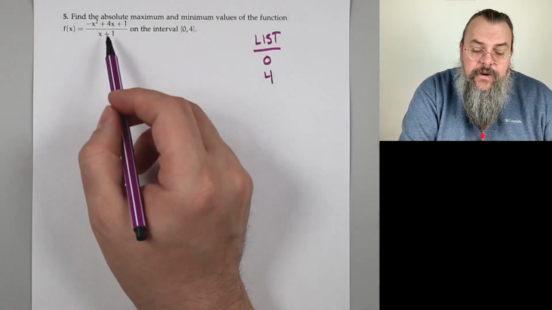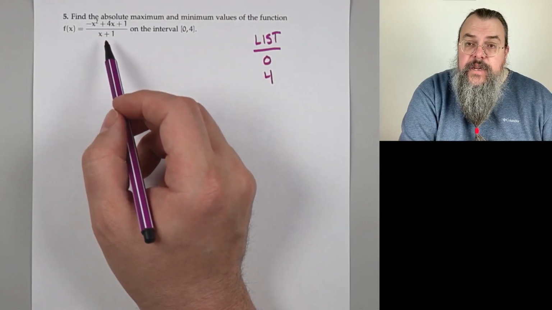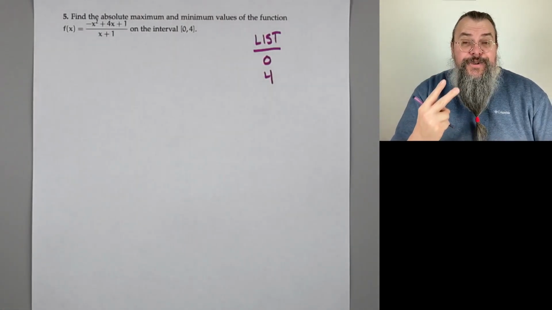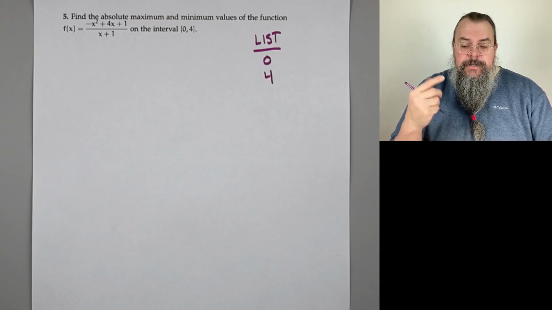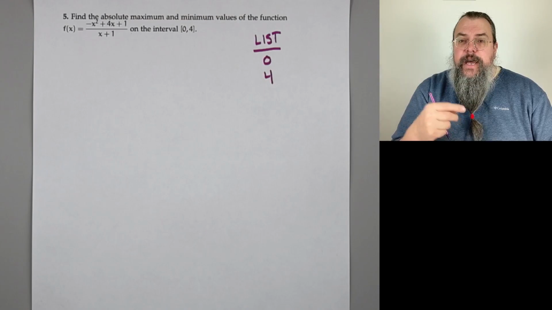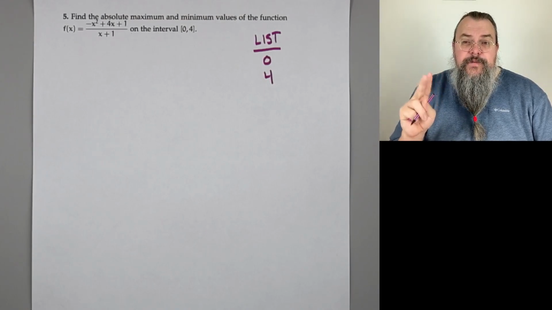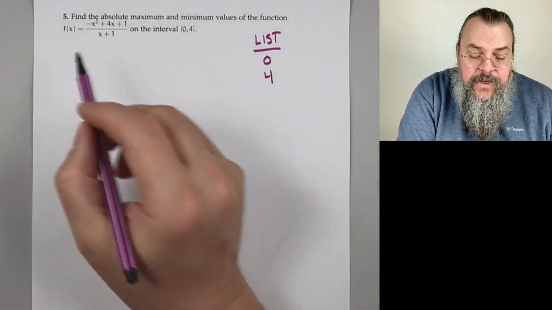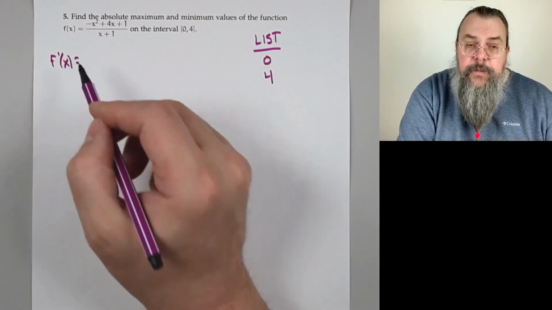So here we have a quotient, and so we can take the derivative and set that equal to 0. Now, I should comment, there's 2 things you could do. And we'll do the first thing, which is just like, I see a fraction, I'm going to use quotient rule, let's do quotient rule. But there's a second thing you could do, which we'll talk about in just a moment. Okay, so first thing, taking our derivative, so f prime of x, we have to just remember the rules.